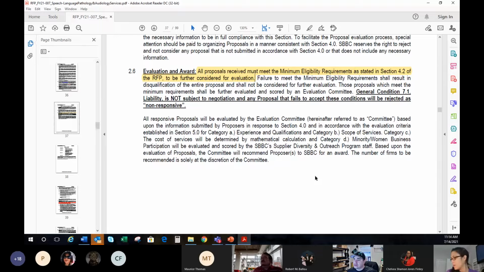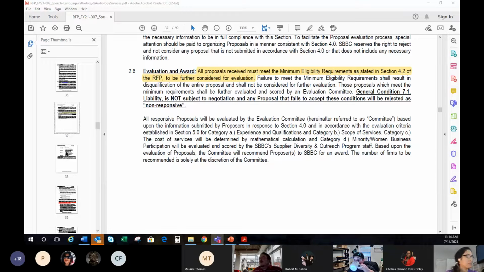So when we get to minimum eligibility, which you'll see in a few minutes, you really need to focus on that section and what is required of that section. So again, I said this before, if it requires you to send a copy of the certification for an audiologist, you gotta put it with your proposal in there.